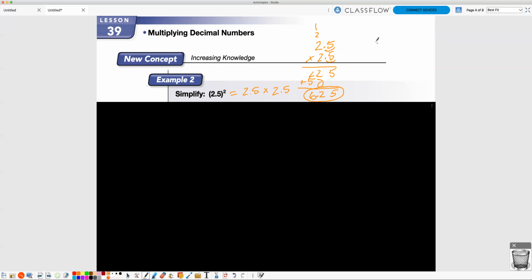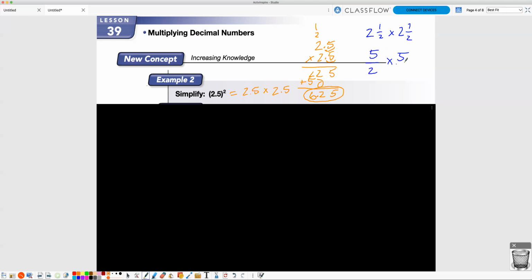If I looked at it like a fraction, it actually gets a little bit tricky, because then I'd have to change that to 2.5 times 2.5. And this gets a little trickier than actually multiplying the decimals, because then I need to make improper fractions out of this. This would be 5 halves times 5 halves.